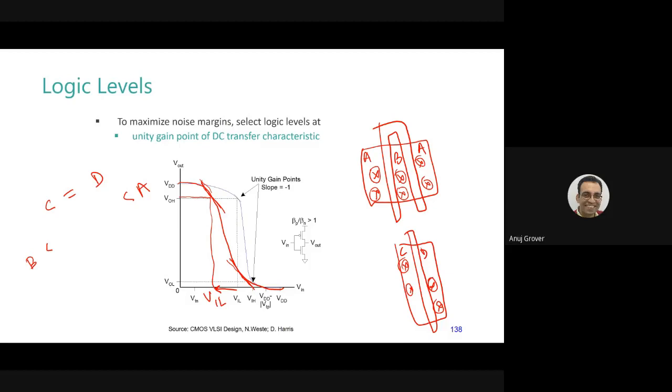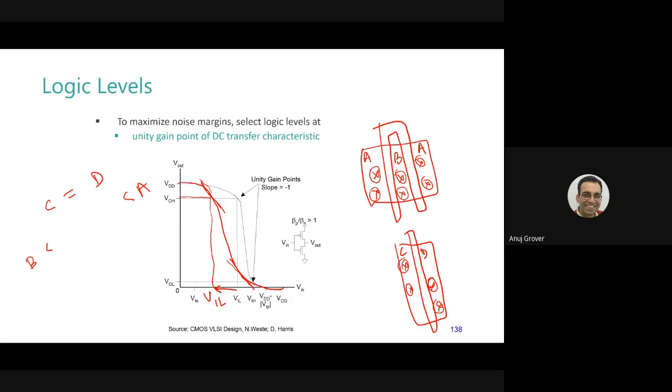So what does this mean? If the capacitances are moving like this, where would you connect your output if you want the output to come fast? Among A, B, C, D, where would you connect your output? So B, where the capacitance is less.